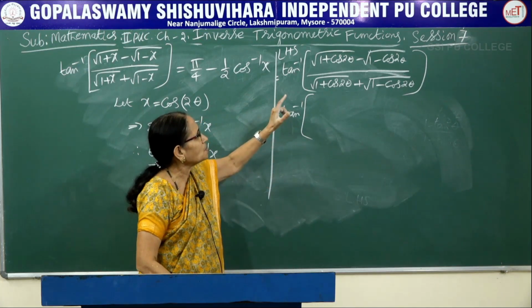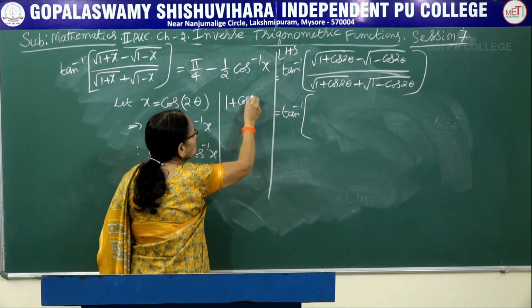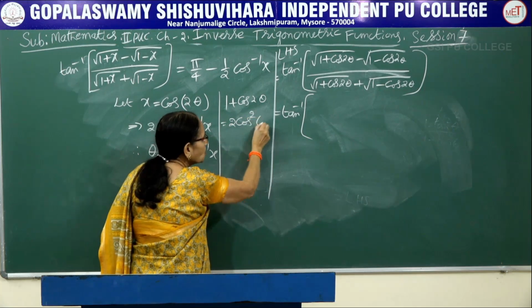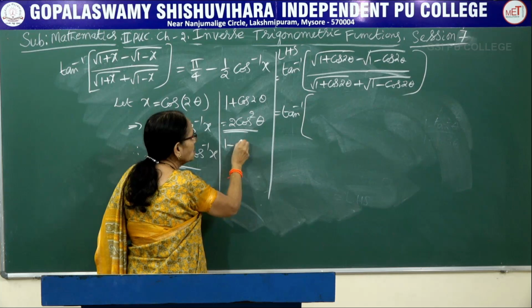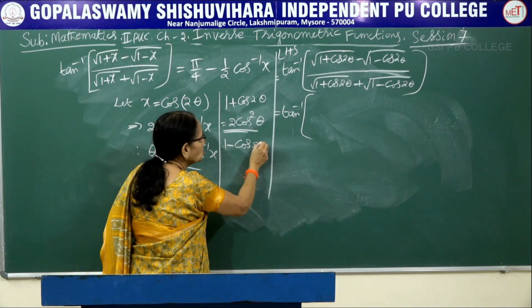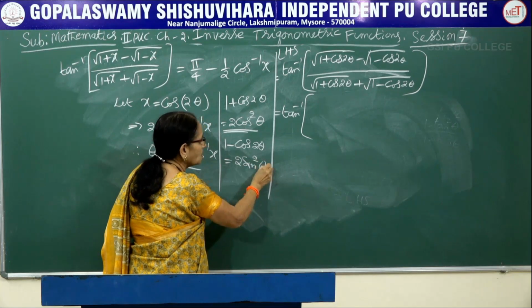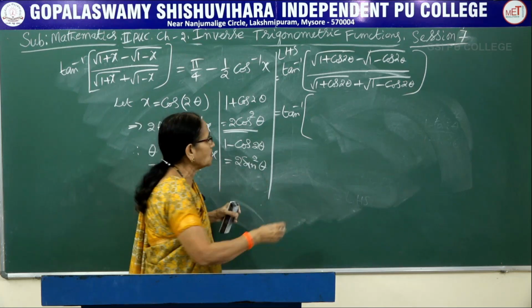Now we know that 1 plus cos 2 theta is equal to 2 cos square theta. If 2 theta is there, take half of that one. Similarly, 1 minus cos 2 theta equals 2 sin square theta. All these things you have already learned. I am making use of the standard result here.